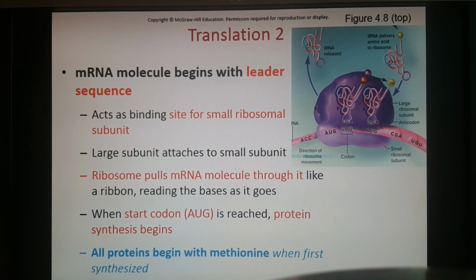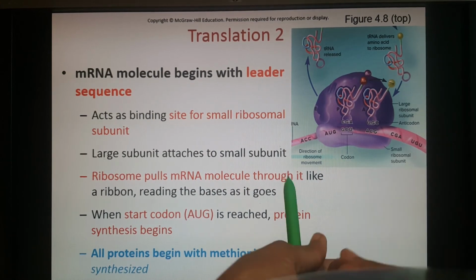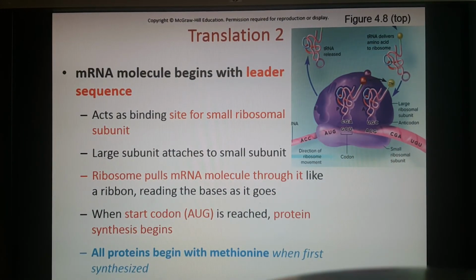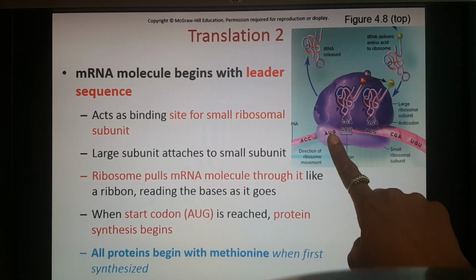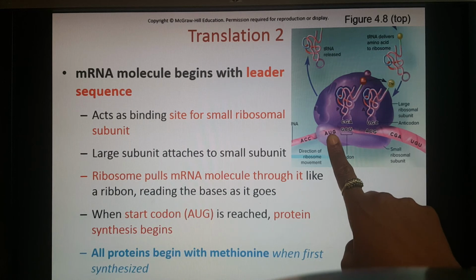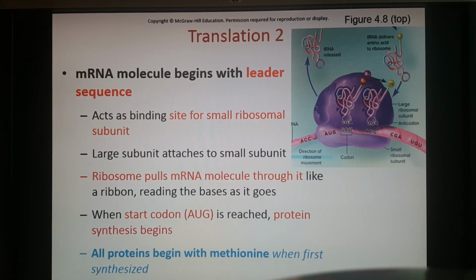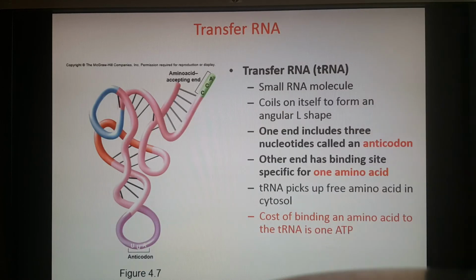For example, the ribosomes that are docked to our rough endoplasmic reticulum don't move. So in order to read the mRNA, it pulls it through like a rope. Eventually it's going to reach your AUG start codon, and that's where it starts creating your protein. Again, methionine is the first one.